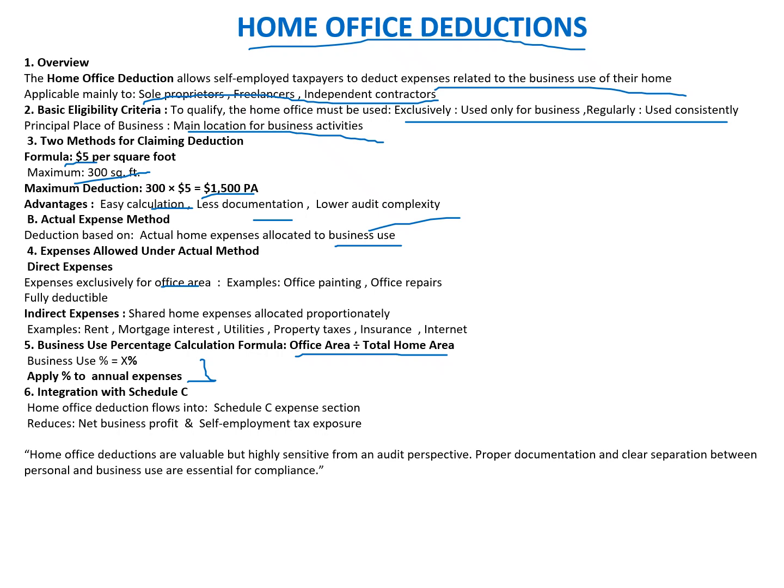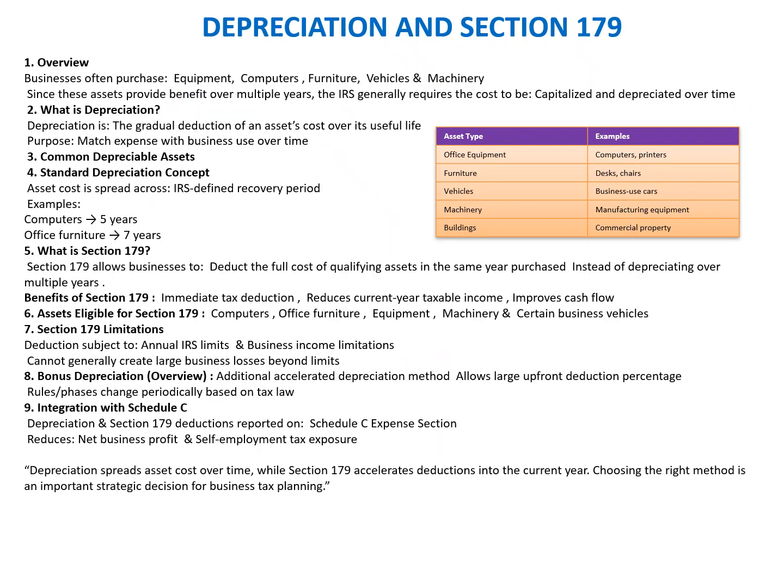The home office deduction flows into the Schedule C expense section. It reduces the net profit and the self-employment tax exposure. Home office deductions are valuable but highly sensitive from an audit perspective, because they reduce the business profit and hence are subject to scrutiny. So we'll move to the next slide.